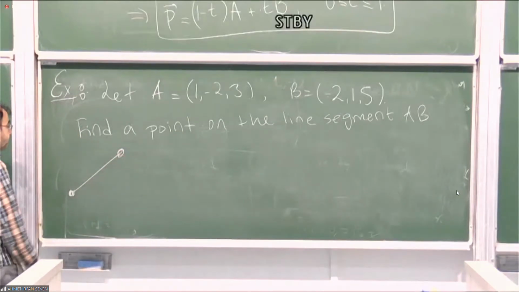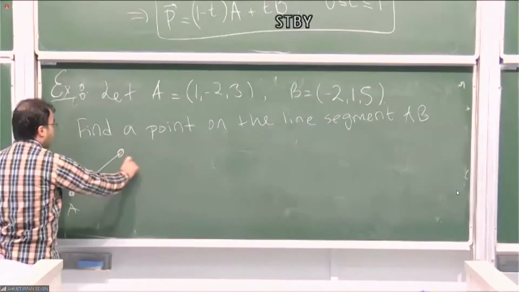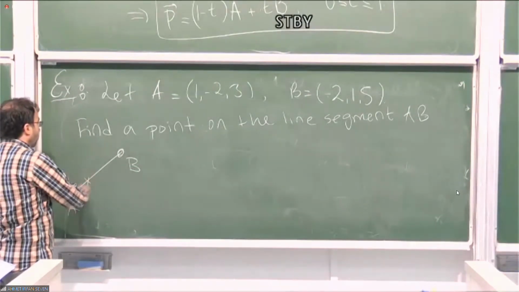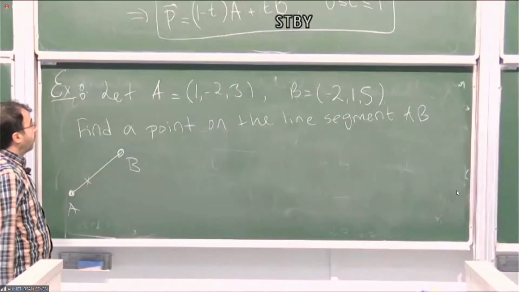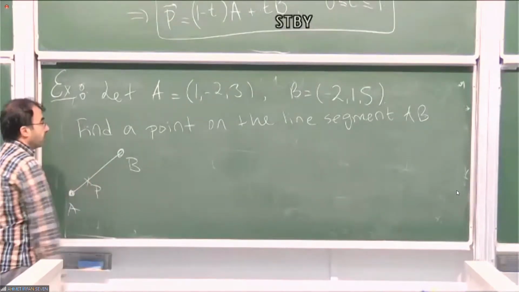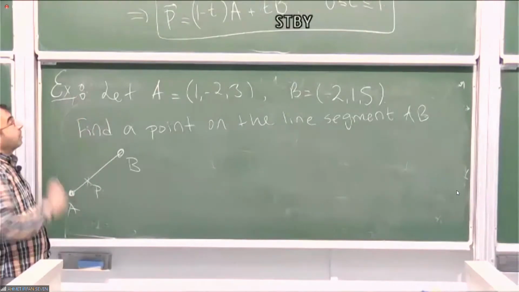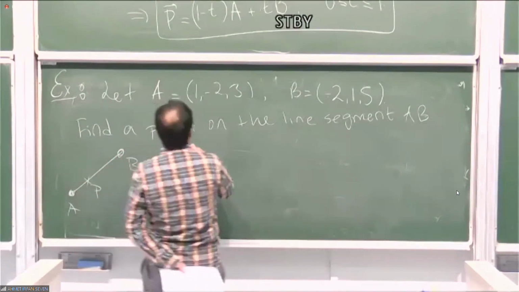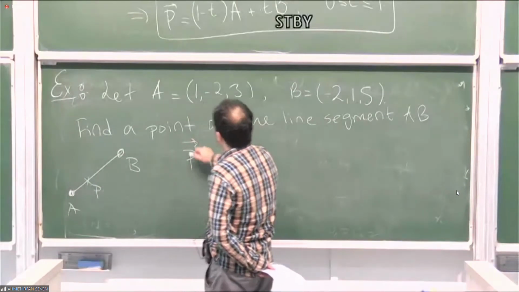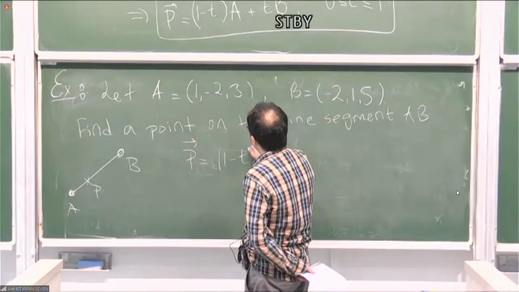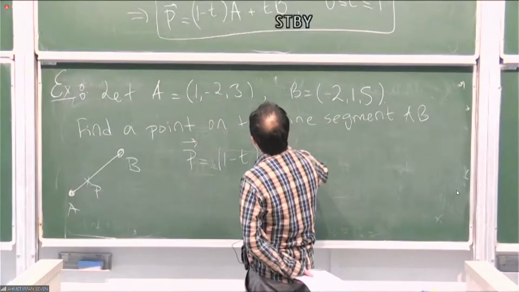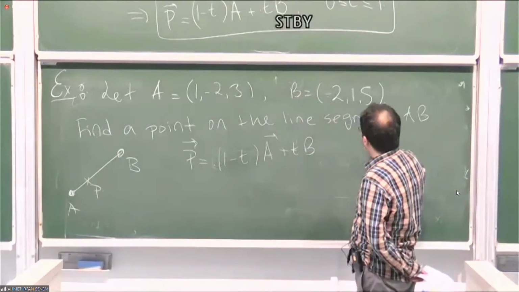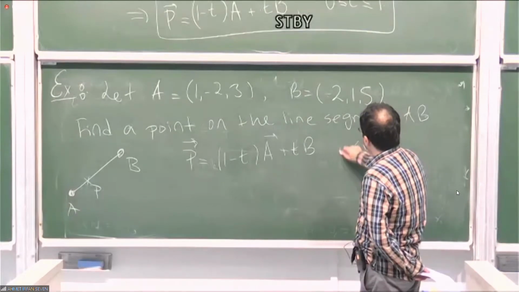So here is A, here is B, and we want to find a point. How can we find P? We can use our equation. So such a point P will be that its position vector equals 1 minus T times A plus T times B, where T is between 0 and 1.